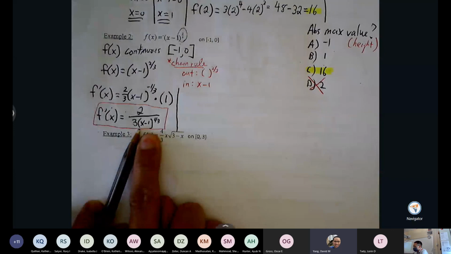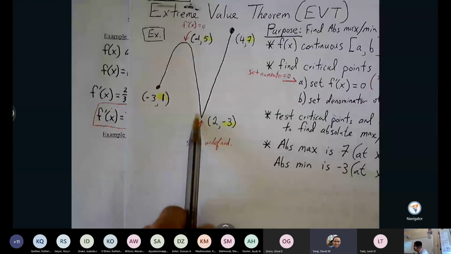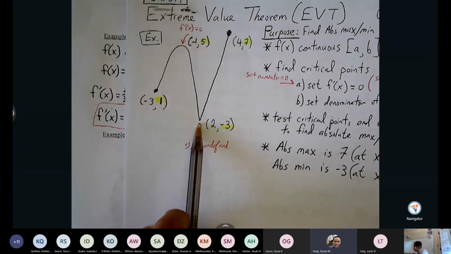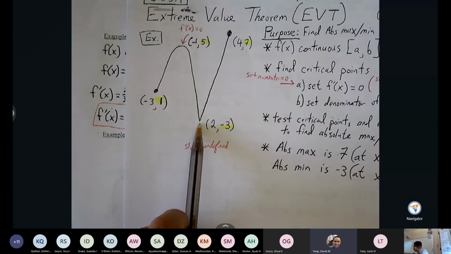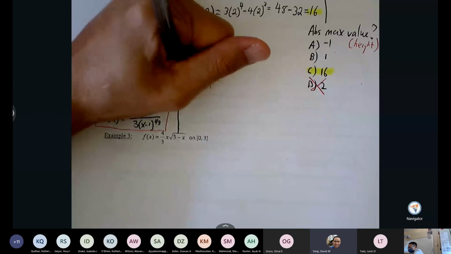Denominator has a variable, so we're going to look in the denominator as well. It may give us a place where the slope is undefined, but slope undefined is still a candidate, potentially, because if it's a sharp turn, we don't want to forget about sharp turns, right? It could end up being an absolute max or absolute min. So we don't want to forget about that candidate. So we'll set the denominator equal to 0.